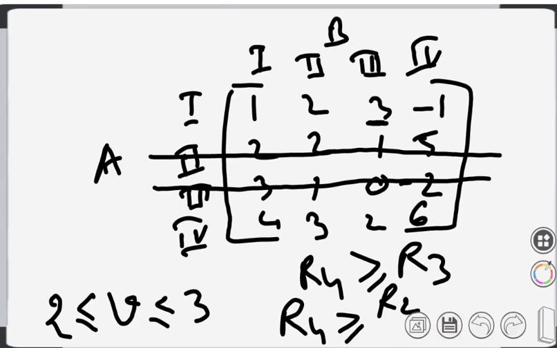I'm having a problem. I cannot understand how we will apply property 2 column wise. No, here we cannot apply column wise. Can we apply? I'm just checking.